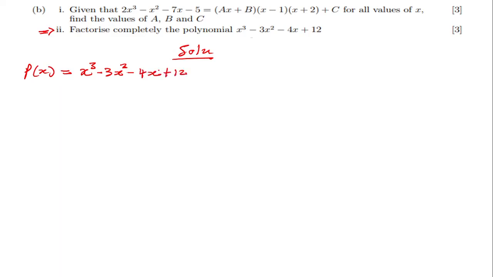When you are asked to find the factors of any polynomial and you are not given any factor, the first thing you are supposed to do is to find the zero root, or the zeros of this particular polynomial.